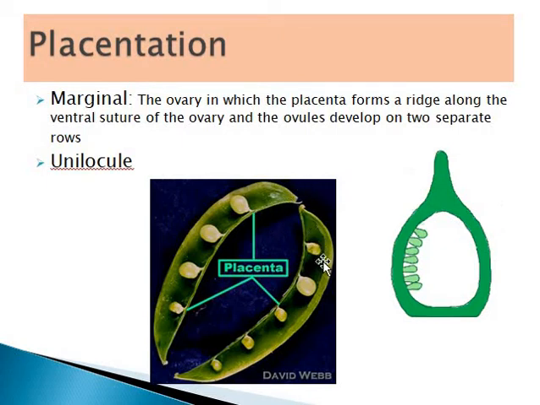If you open the pea or other pods, you will find these two rows, the marginal placenta and the arrangement of the ovules. Look, this is a single locule, unilocular, meaning a single chamber inside the ovary. These are the marginal placentae where the ovules are attached.